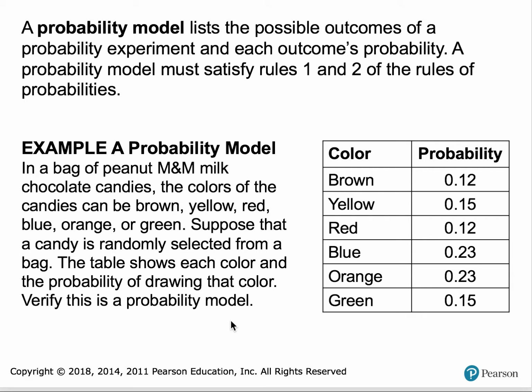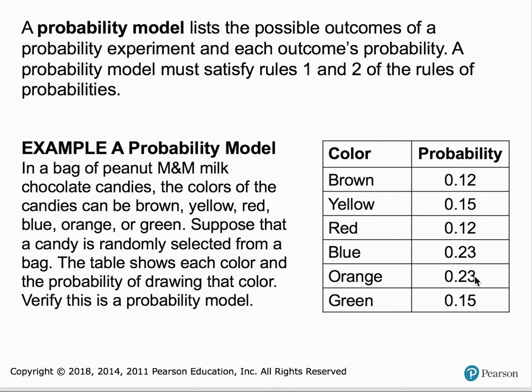To be a probability model, we got to show that rules 1 and 2 are satisfied. So, rule 1 says all your probabilities have to be between 0 and 1. Check. Rule 2 says that all of your probabilities added together have to equal 1.